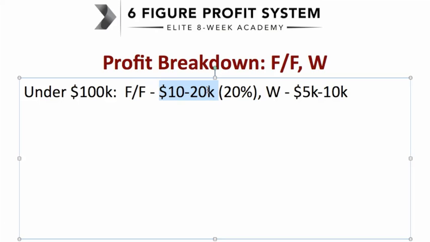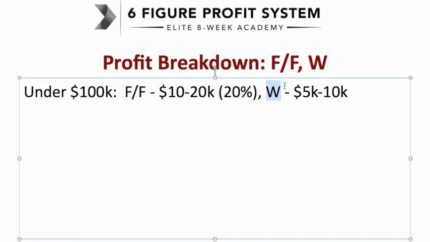If you buy it, fix it up, and sell it under 100,000, following the formula that I prescribe, you should be making a 20% profit on that flip, putting you at the $10,000 to $20,000 price point when you go after deals here.